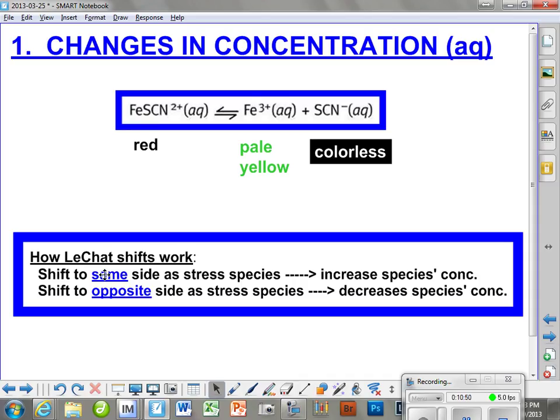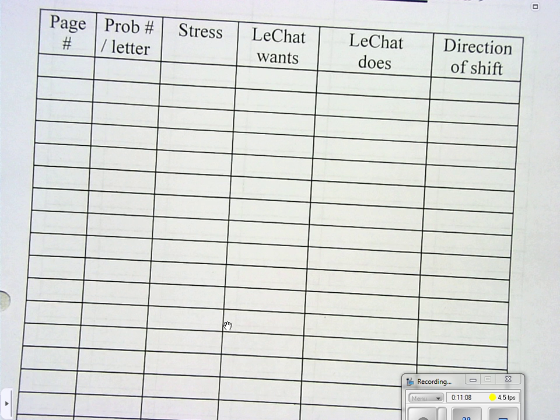And the shifts to same and opposite, these are the terms. Did you underline these in your notes? These are the terms that you're going to use in the chart that I gave you in class today, which of course looks like this.